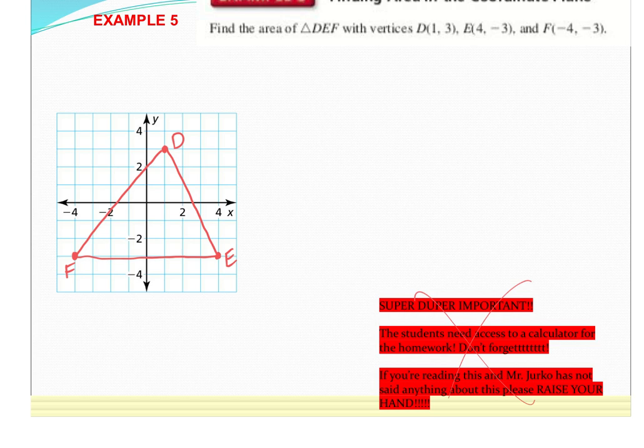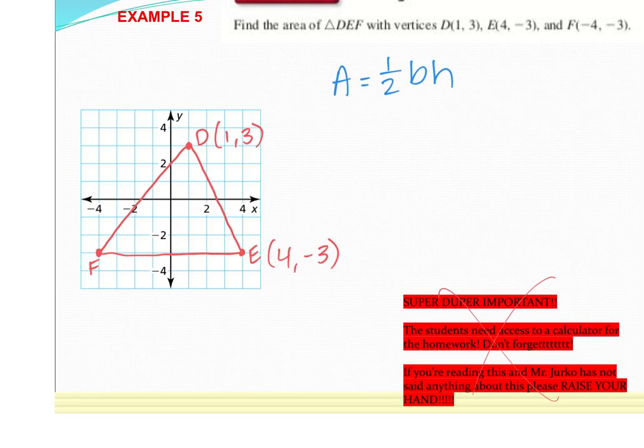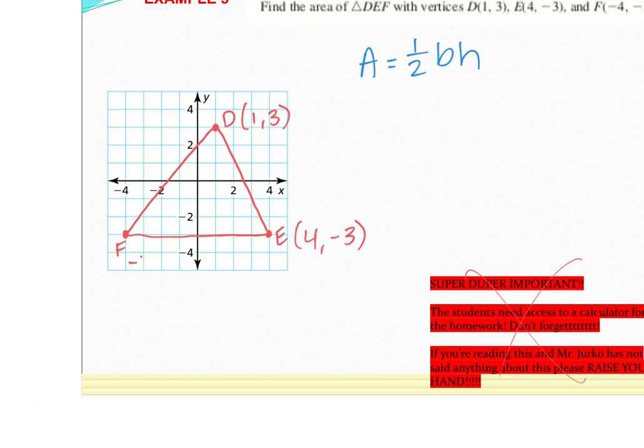What are we finding? Area. And what kind of figure is it? A triangle. So we're going to say our area is 1/2 base times height. Do you guys agree? Make sure that you put the points and you label them. So this is 1, 3. This is 4, -3. And this is -4, -3.